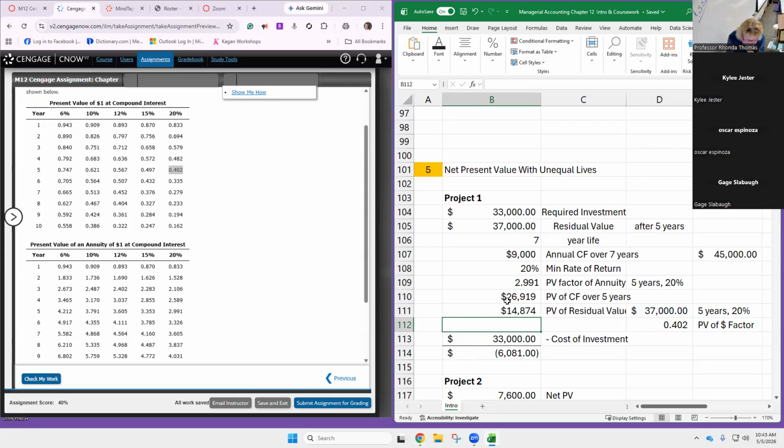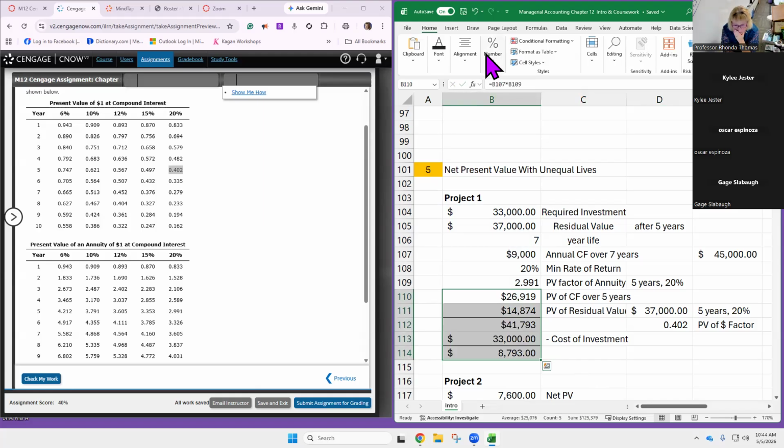You add the present value of the cash flow and the present value of the one amount of the sales price. So we're going to add down and then subtract the cost. Okay, so there you have it.